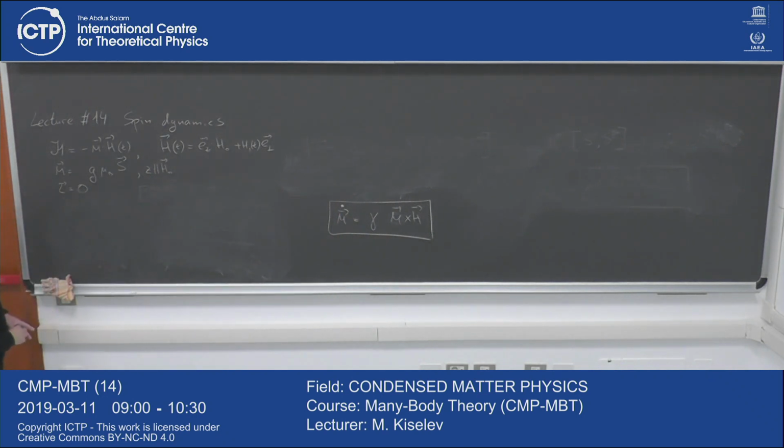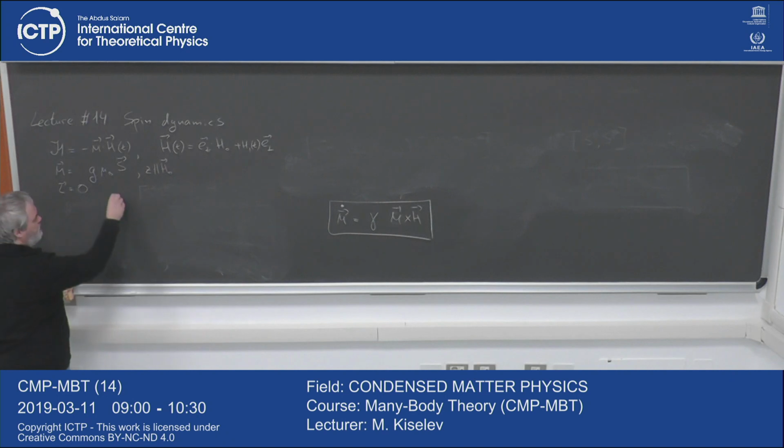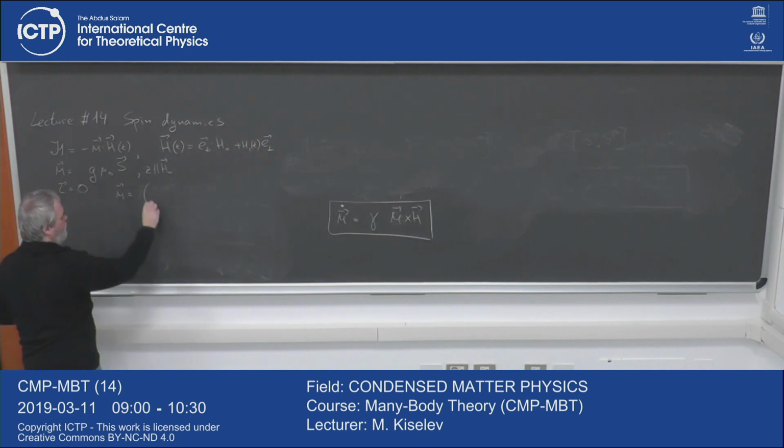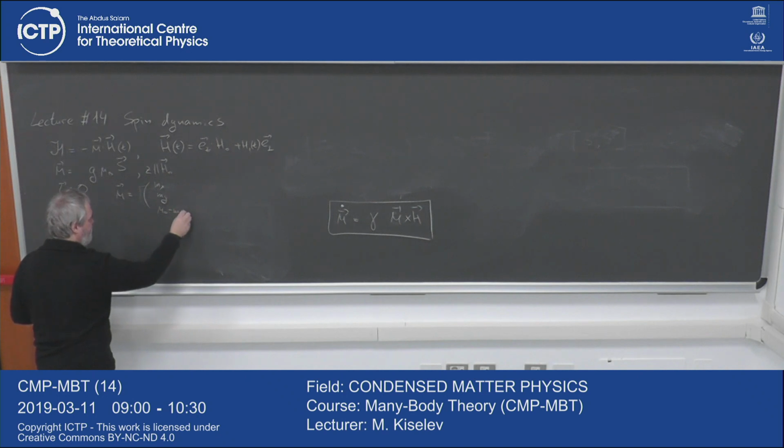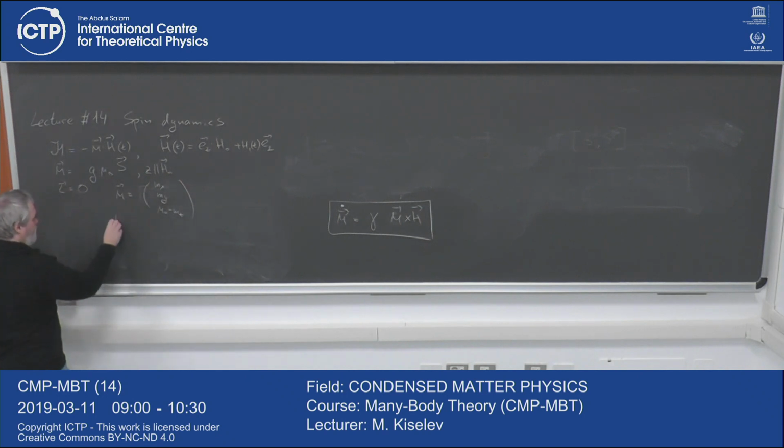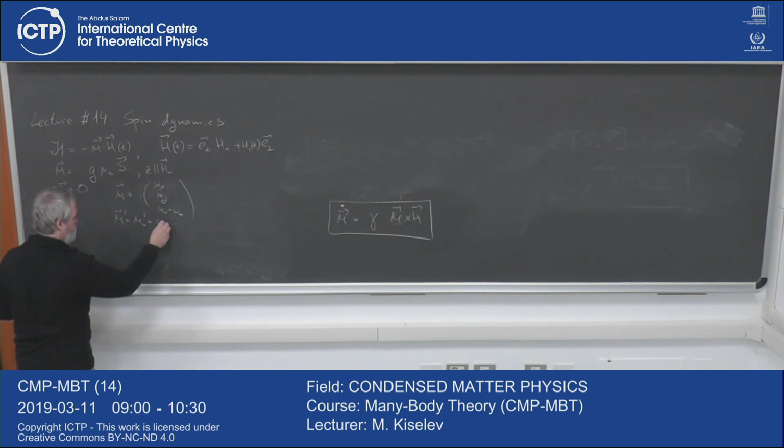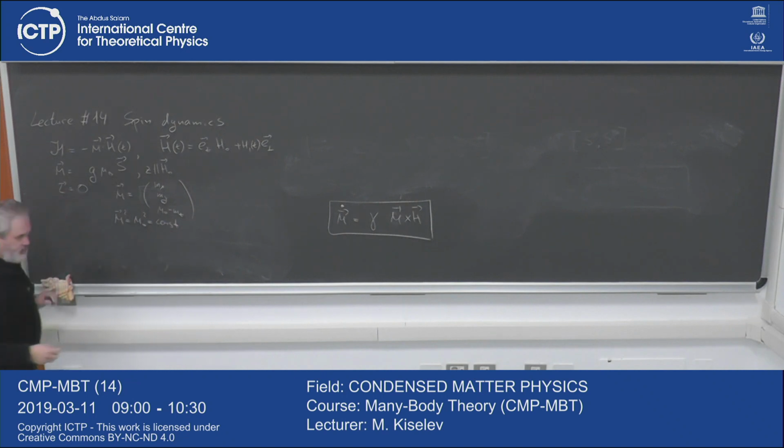Okay, suppose you did the exercise. I will assume that M is characterized by components M_x, M_y, and M_0 minus M_z. And M squared is equal to M_0 squared, a constant, because M squared dot is equal to zero.